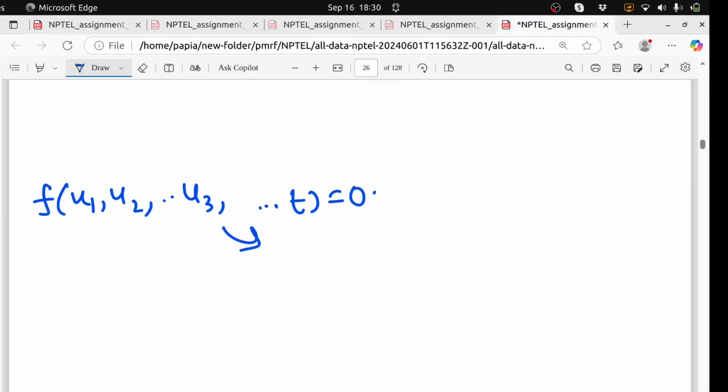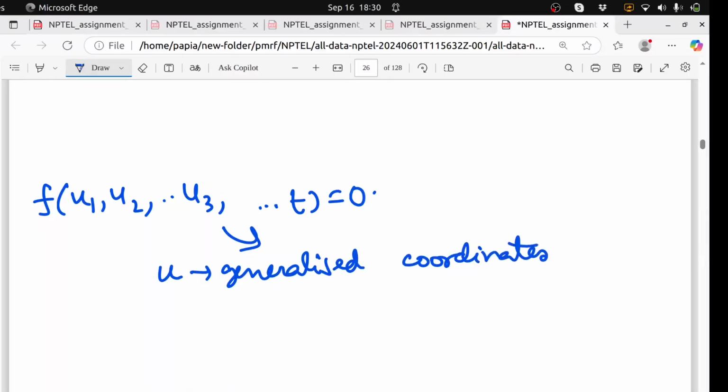Why? Because, as I mentioned, f(u1, u2, u3, t) equals 0, where u are generalized coordinates and t is time.